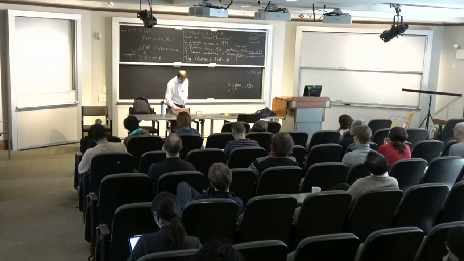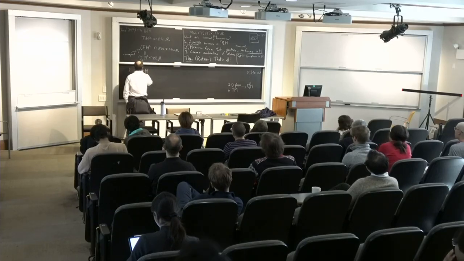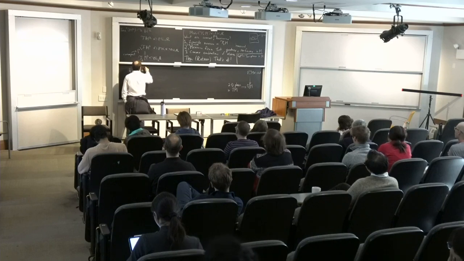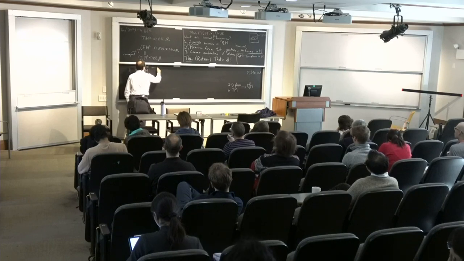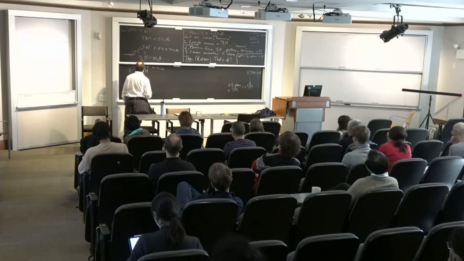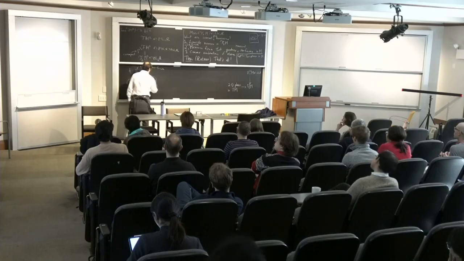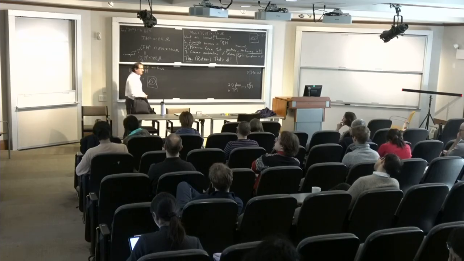So, okay, that's invariant measures. Let me say one more thing now. If we have F from S to M, where S is a closed surface, we have a surface, a three manifold, and then the surface wraps around inside here. I can't draw it very well.